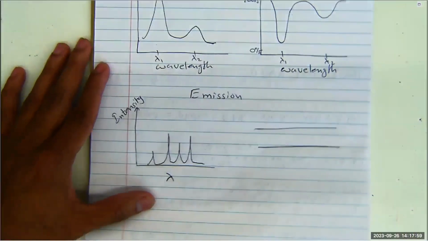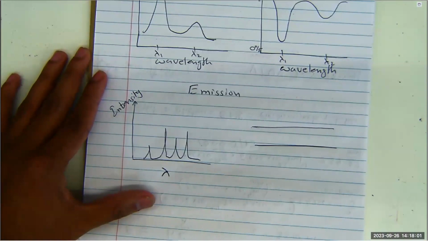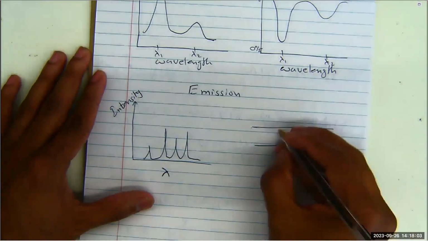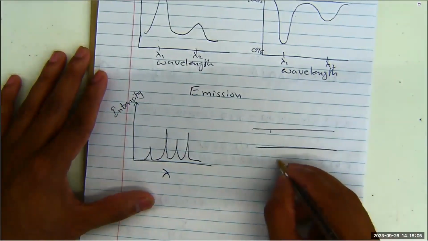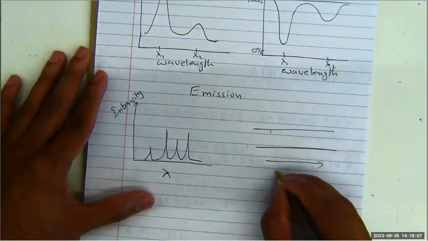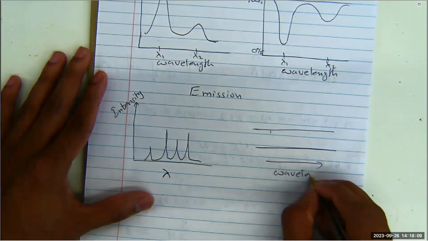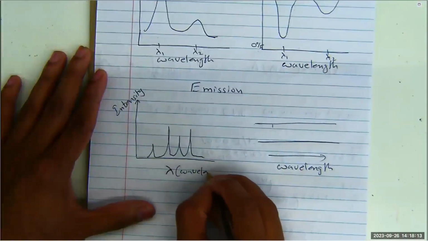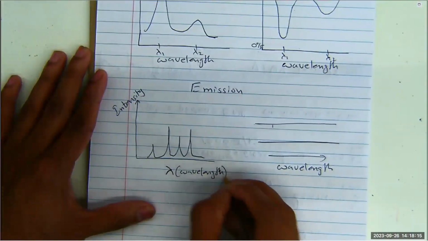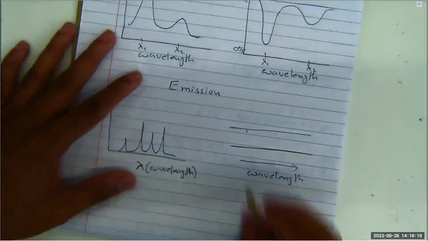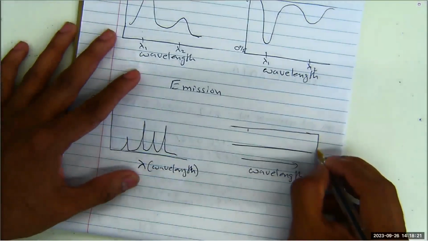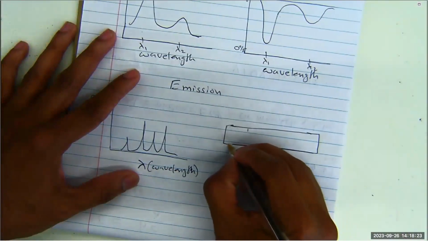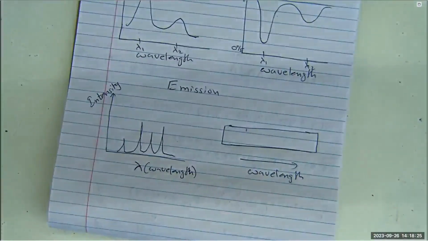If you don't think about the intensity that much, what we can do is say that this is still the wavelength. Let me just make sure I write that, because some might get confused here, but anyway, this is the wavelength still. Sometimes you will be presented a band for emission spectroscopy rather than a spectrum.